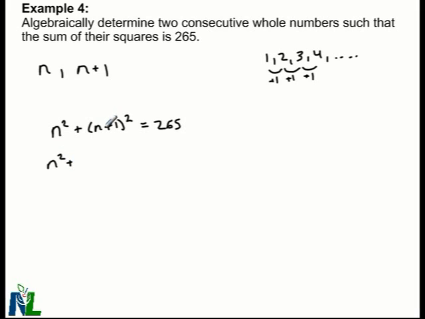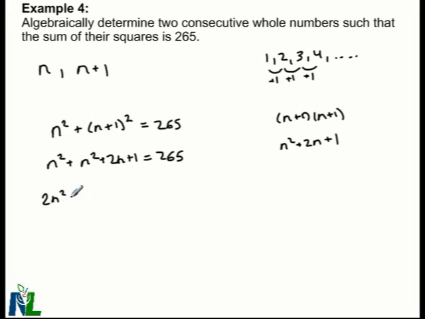So I'll need to take this part now, (n plus 1) squared, and FOIL that out. That would give me n squared plus 2n plus 1 inside that bracket, and that's equal to 265. So I have n squared and n squared gives me 2n squared plus 2n, and bringing the 265 over, minus 264.